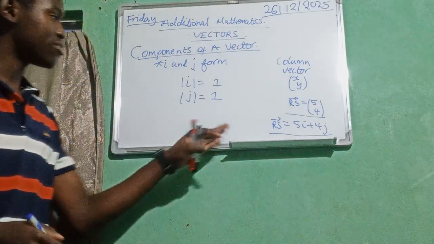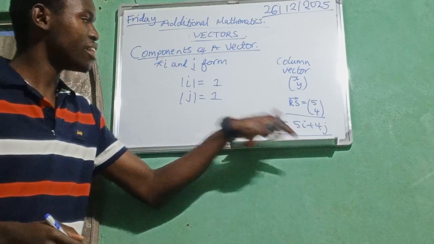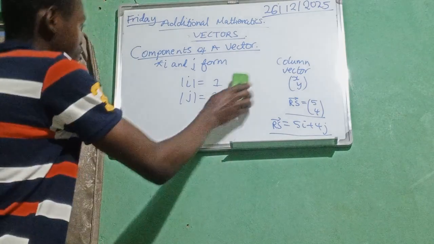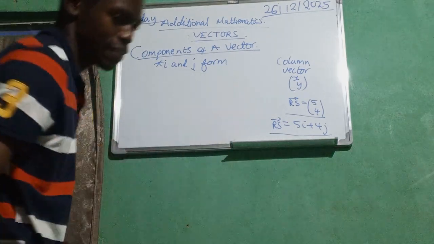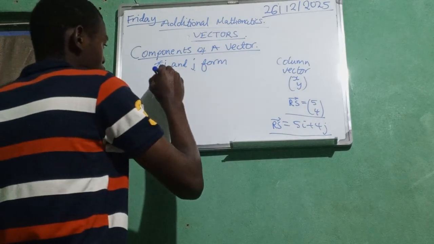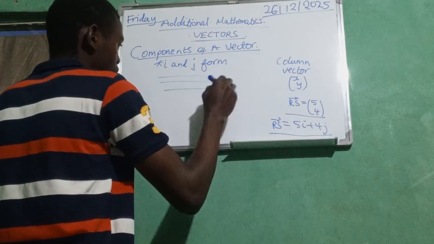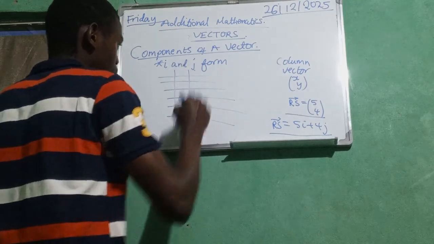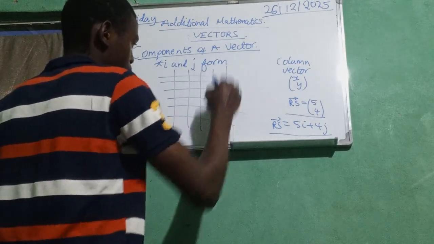So, this is an example of how we can illustrate the vector. For example, we can have boxes. 1, 2, 3, 4, 5, 6. 1, 2, 3, 4, 5.